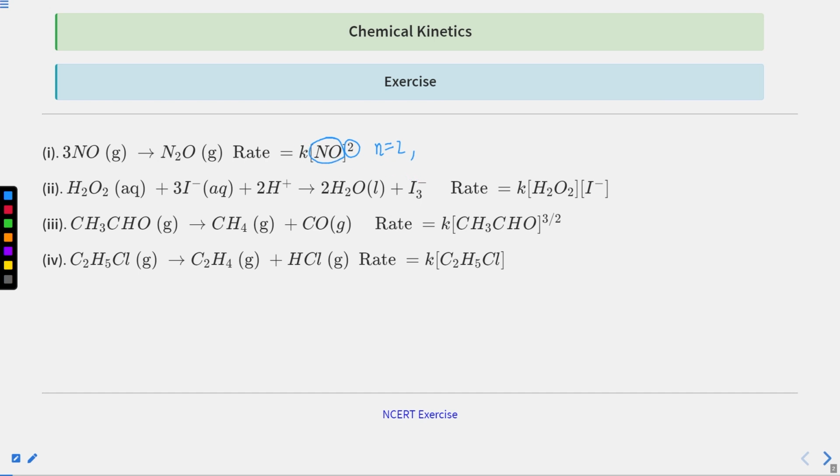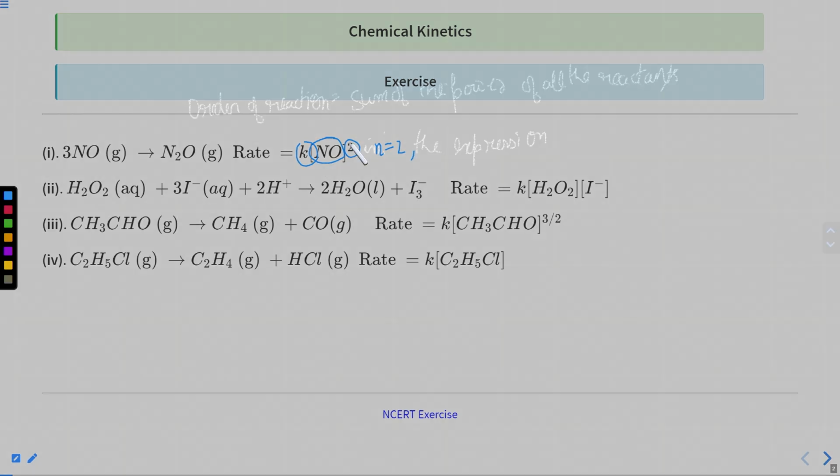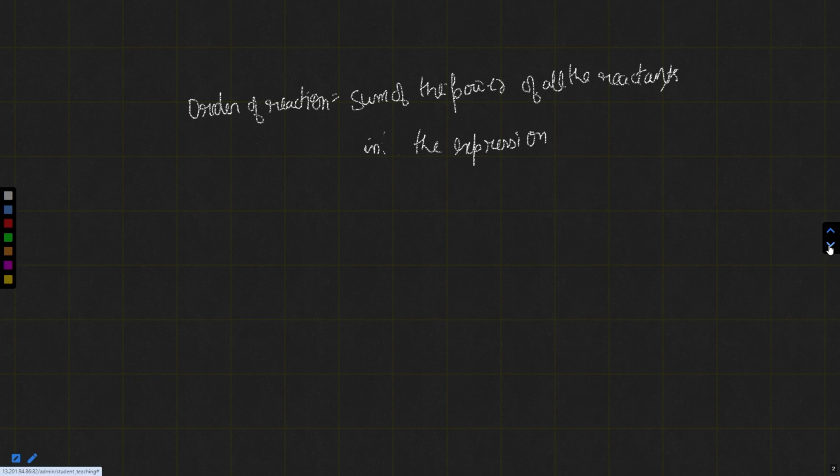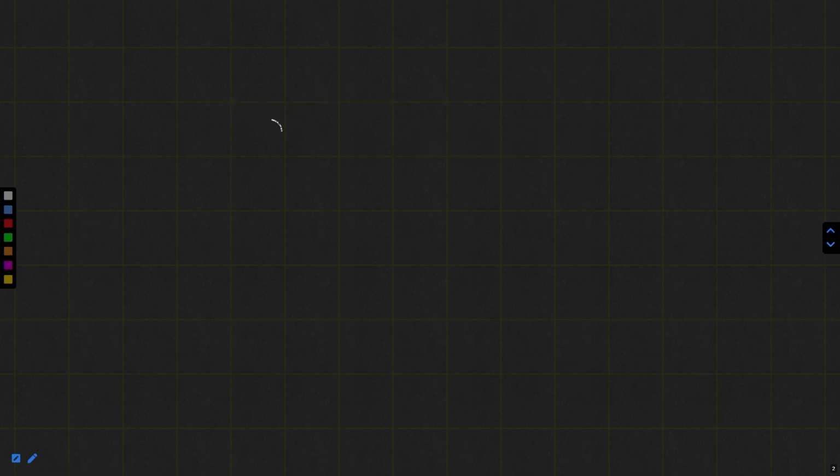Now what about the rate constant? How will you determine it? There is a shortcut to do it, or you can just do it manually. I am telling the long way. Suppose the rate equation is rate is equal to K[NO] raised to the power 2. Now we know what rate is. It is basically the change in concentration per unit time. The concentration is represented by mole per liter and per unit time, so per second.